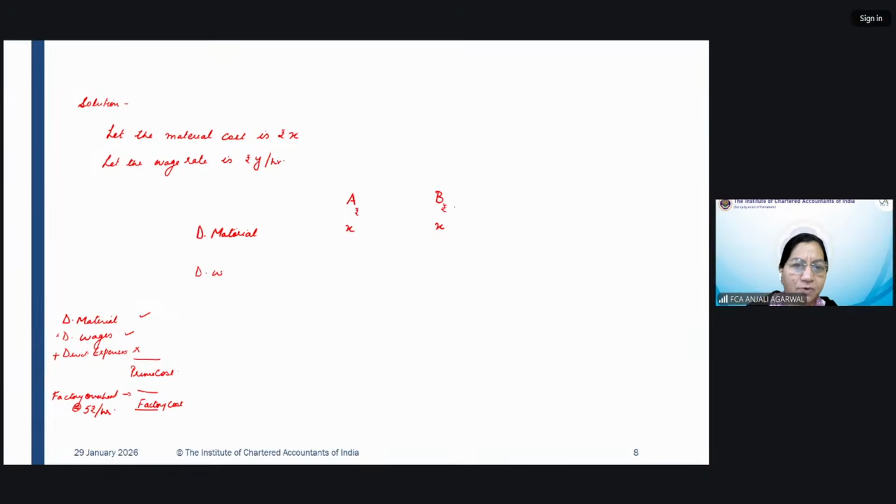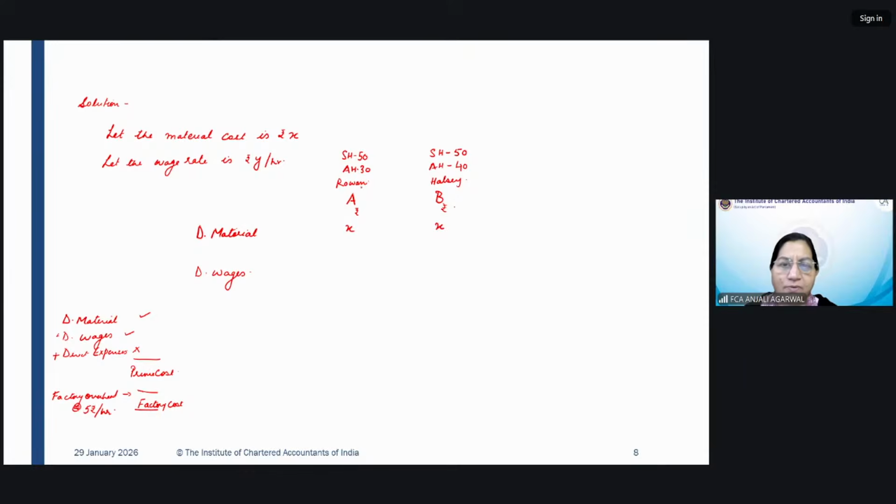Direct wages we don't know, but for A, standard hours 50, actual hours 30, applicable scheme Rowan. For B also, because B has also done the same job, standard hours 50, actual hours 40. B has taken 10 hours extra and he is under the Halsey scheme.